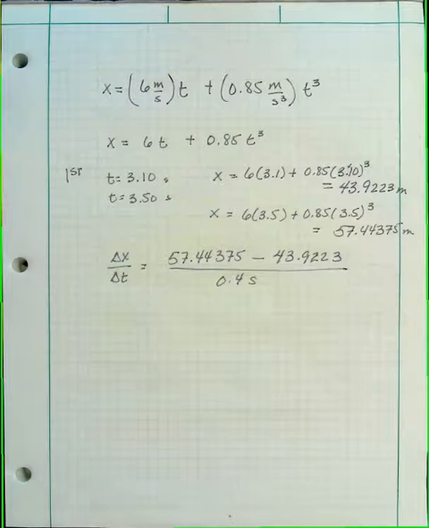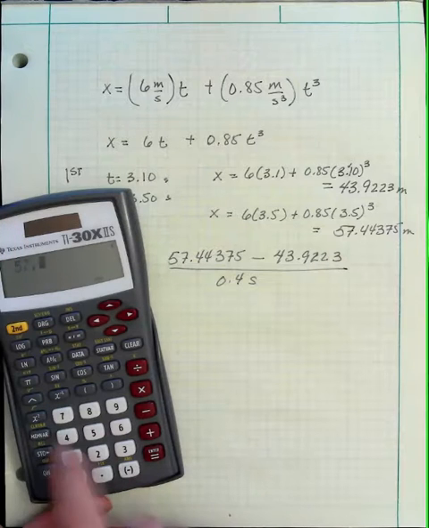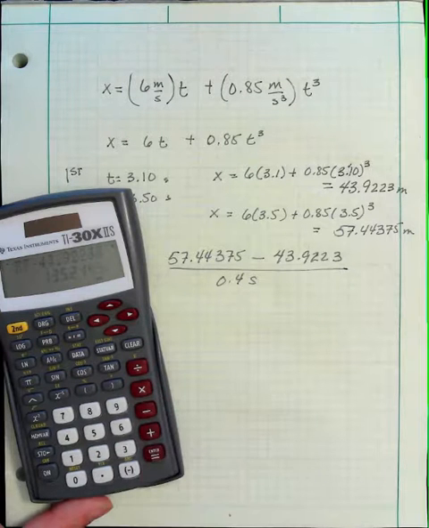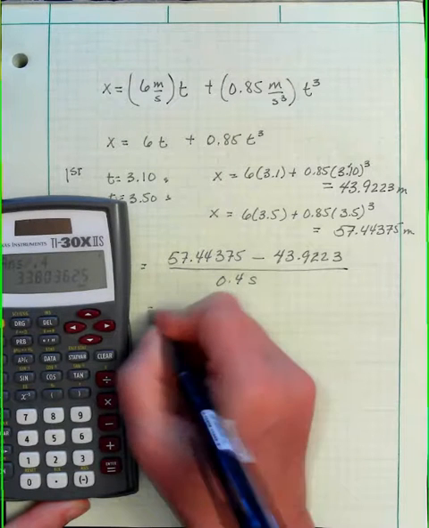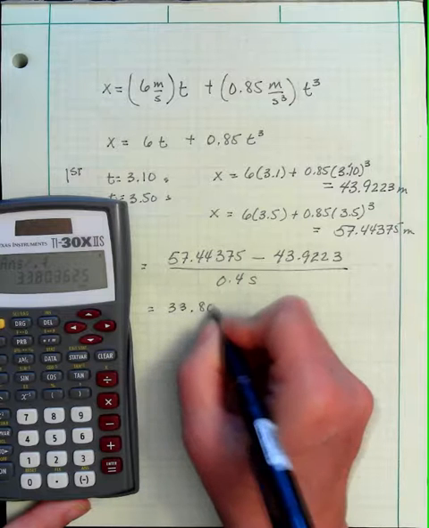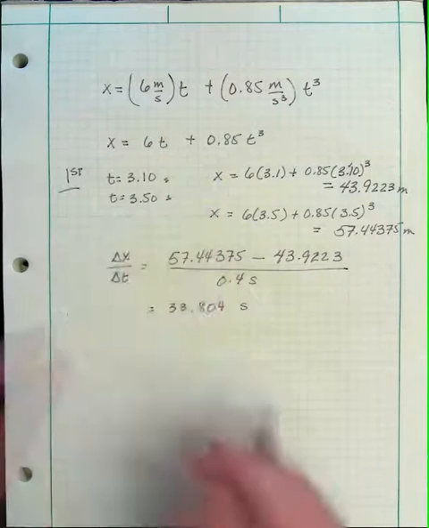We'll plug this into the calculator so that we know we're getting this correct. 57.44375 minus 43.9223, divided by 0.4, gives me a value of 33.804 meters per second. So this is my first interval.